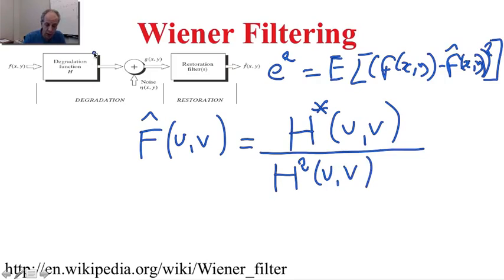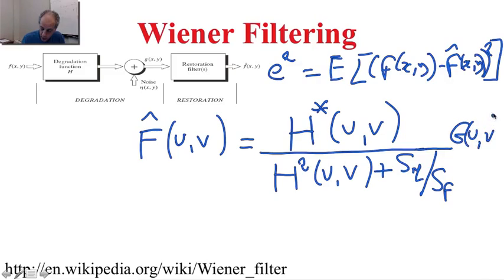So this is the degradation filter, plus the power spectrum, and don't worry if you don't know exactly what that means or if you forgot, I'm going to remind you in a second. The power spectrum of the noise divided by the power spectrum of the signal, and all this multiplying our observation.